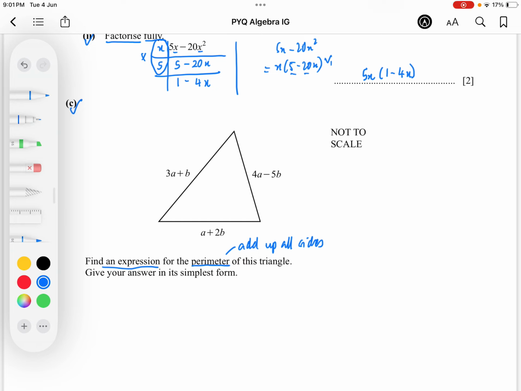So we add up all sides. So we have sides 3a plus b, side a plus 2b, plus side 4a minus 5b. And that's the expression. However, the question also says give your answer in simplest form.